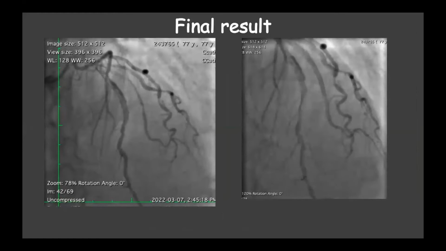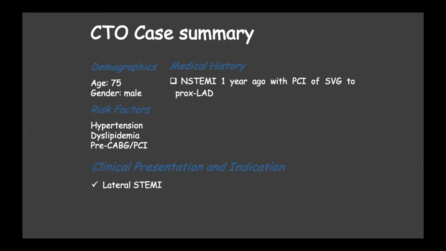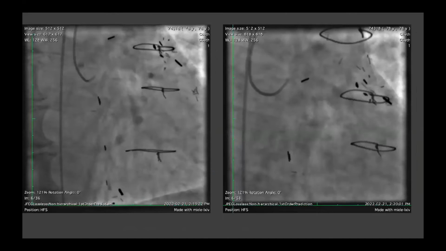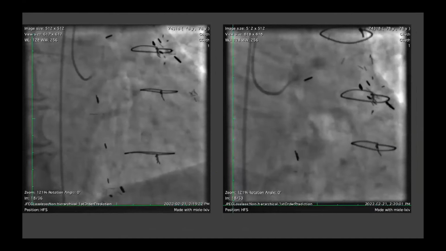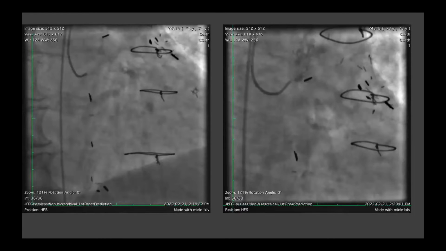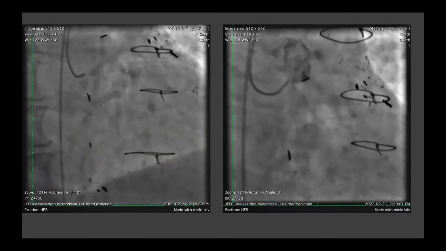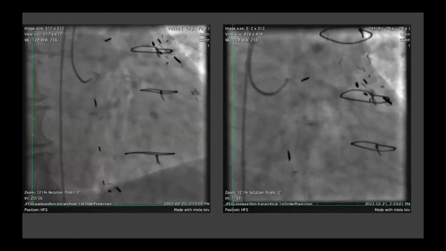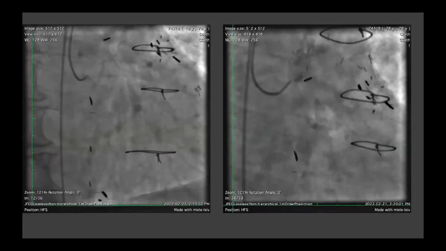Further, we present another case where we used this Alveo balloon. This is a non-STEMI in a patient who had previous CABG and a previous stent of a graft to the proximal LAD. Here we can appreciate that the saphenous graft to the proximal LAD is occluded at the ostium, at the level of the previously implanted stent. Its engagement and wire passage were difficult.